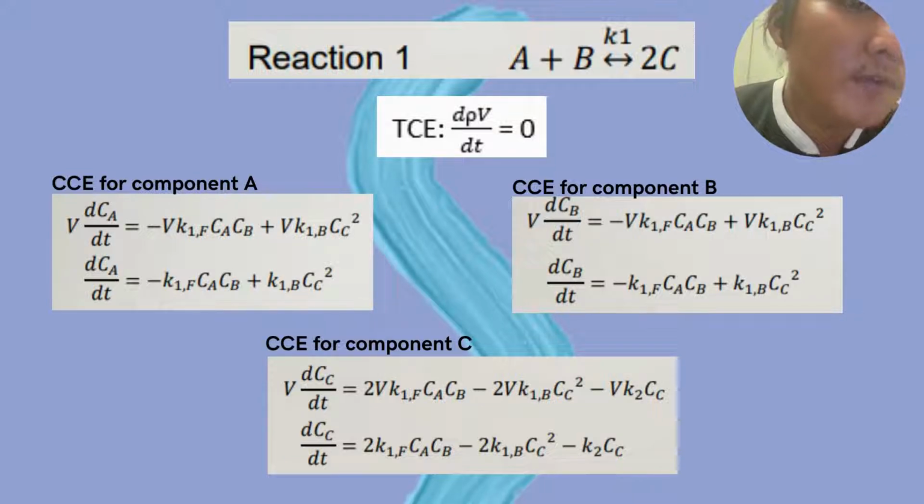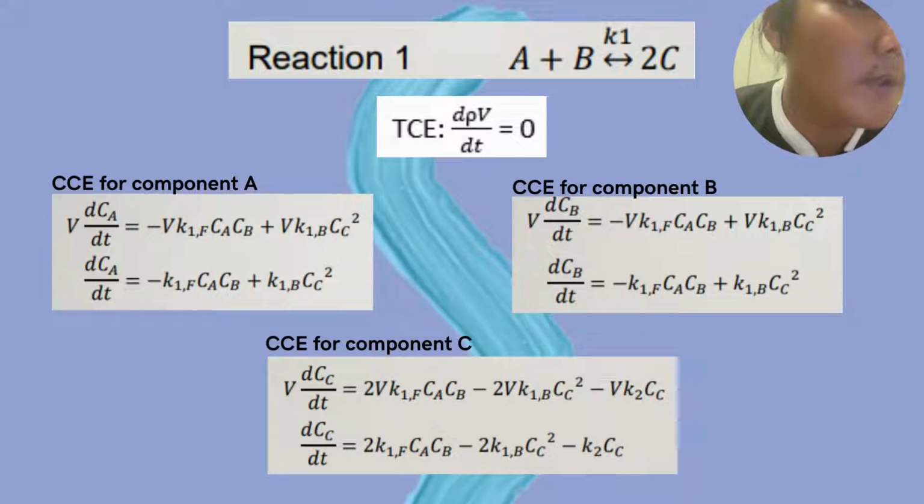Meanwhile, the CCE for component B is equal to negative V K1F CA CB plus V K1B CC to the power of 2, and the final answer is negative K1F CA CB plus K1B CC squared. Components A and B are negative because they are consumed.